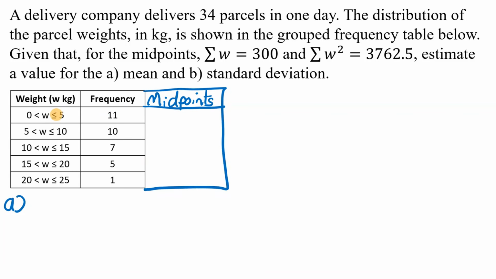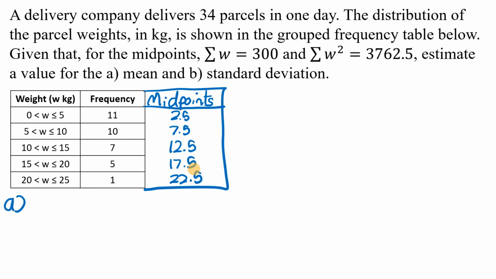So the midpoint between 0 and 5 is 2.5, the midpoint between 5 and 10 is 7.5, the midpoint between 10 and 15 is 12.5, the midpoint between 15 and 20 is 17.5, and the midpoint between 20 and 25 is 22.5. And to make our estimate we're going to assume that all of the data values are these midpoints here.